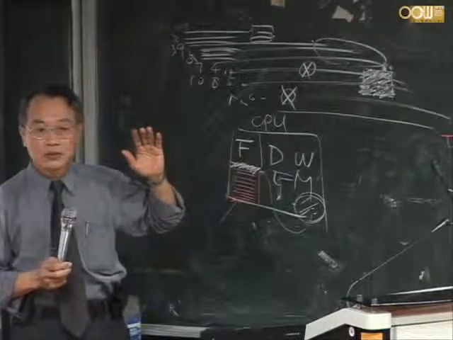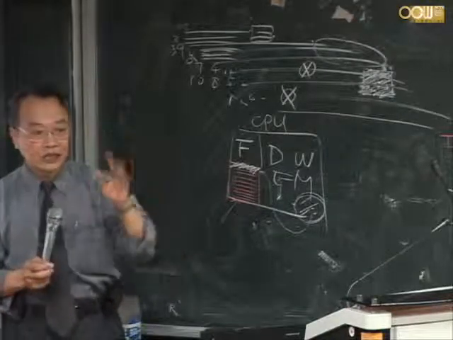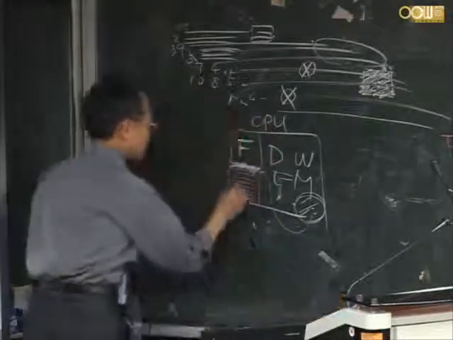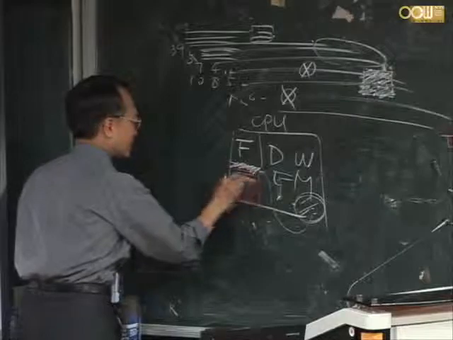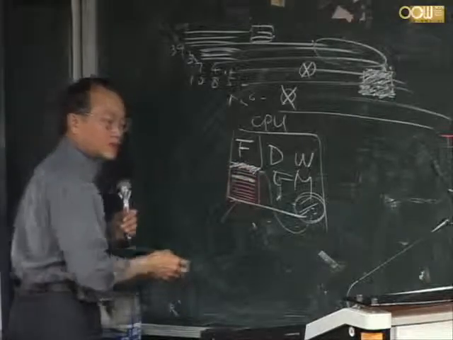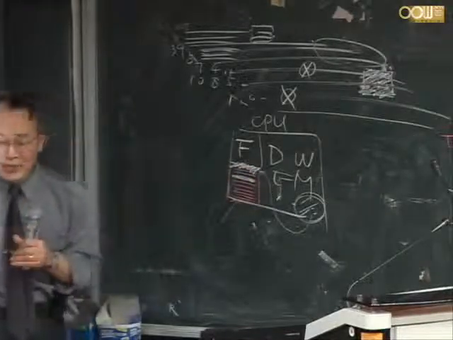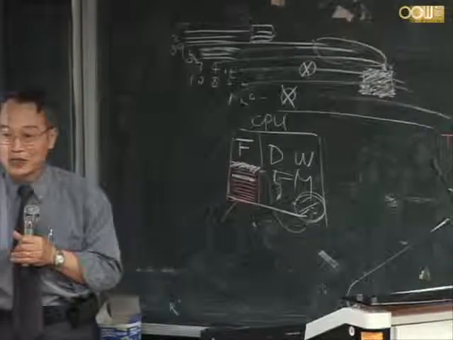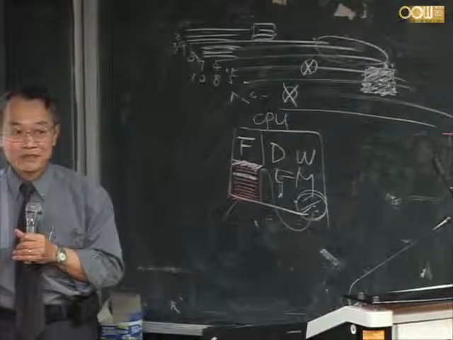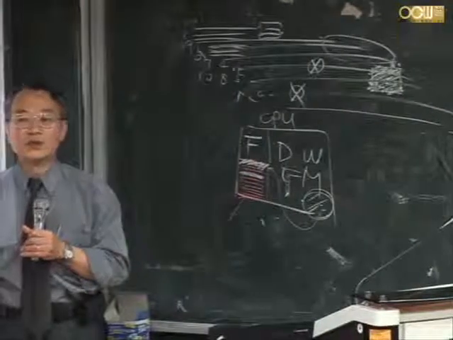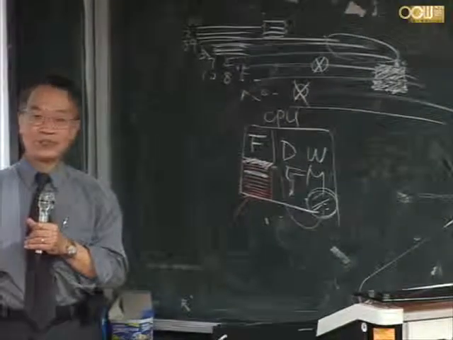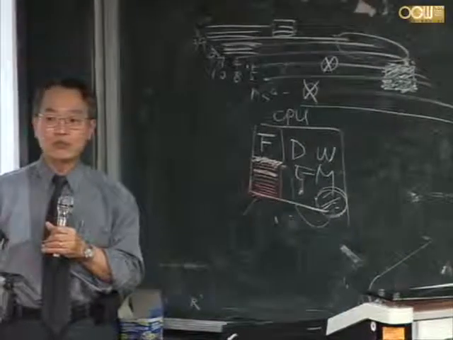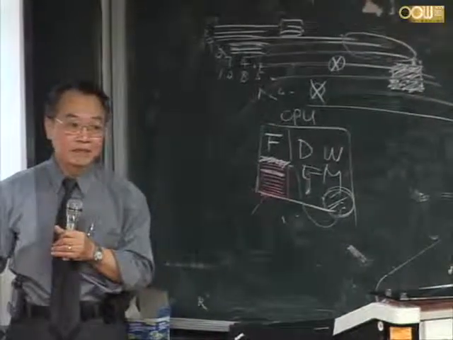So will you dare to do branch prediction? Suppose this instruction is a branch and you don't know where to fetch newer instructions from. You don't know which way it will go. But you do want to fetch more instructions in, right? We need more basic blocks in order to exploit instruction level parallelism.